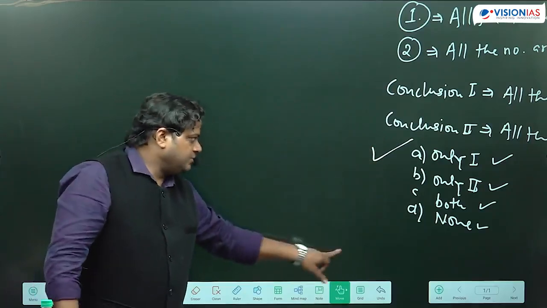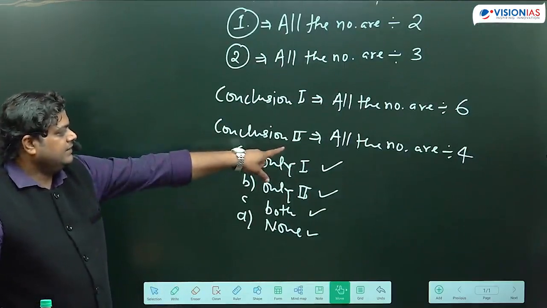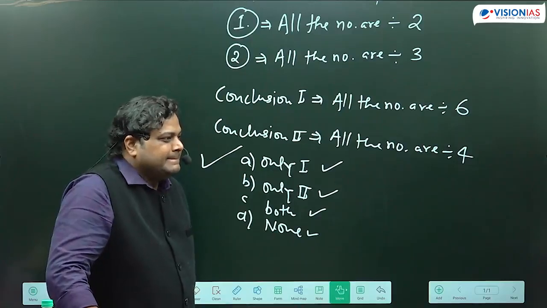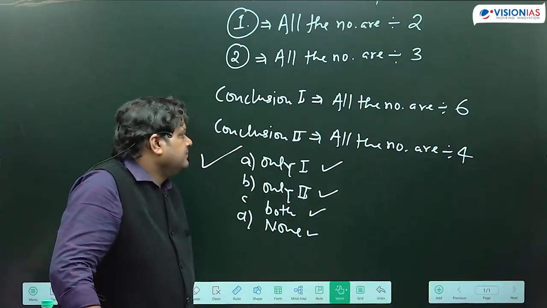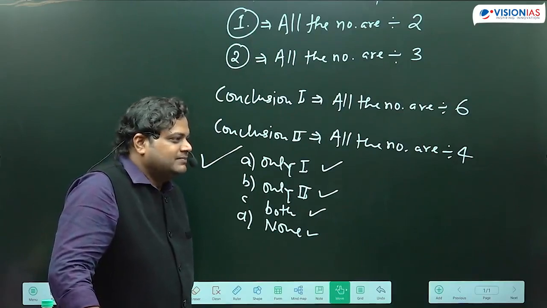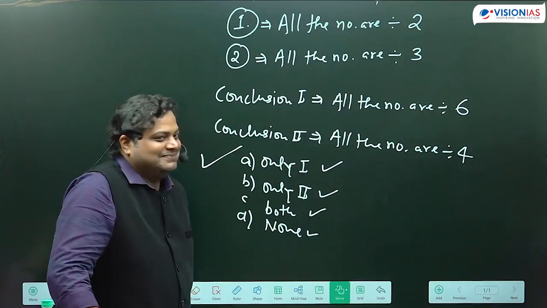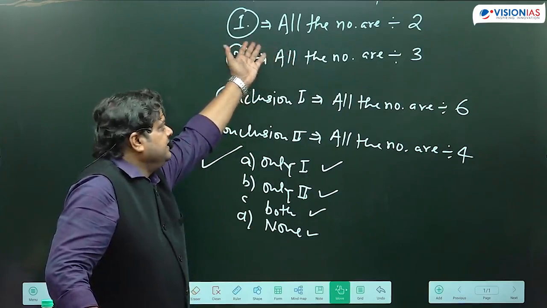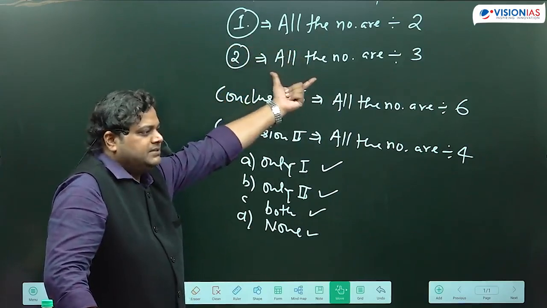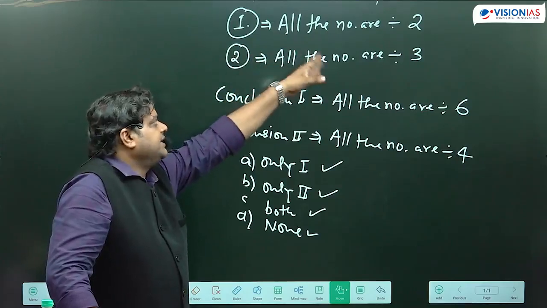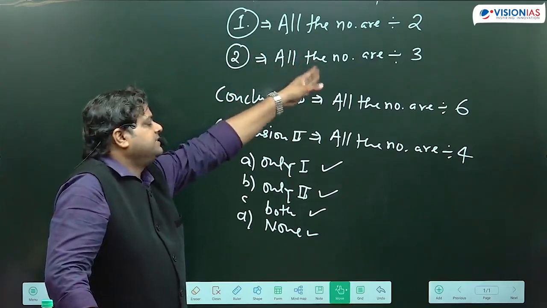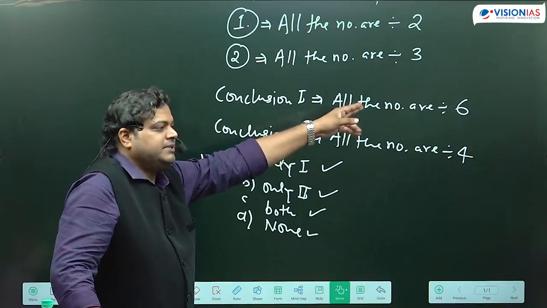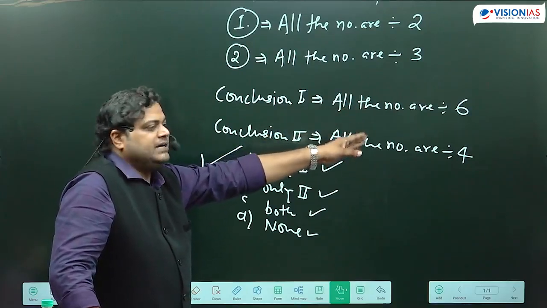क्योंकि all the numbers क्या है option C में, they are divisible by 4. क्या चीज? ऑल हटा दें तब? नहीं, statements are based on this set of numbers, all the numbers, we have a set of numbers, उस सेट में all the numbers are divisible by 2, उस सेट में all the numbers are divisible by 3, then first conclusion is कि all the numbers in that set are divisible by 6, all the numbers are divisible by 4.